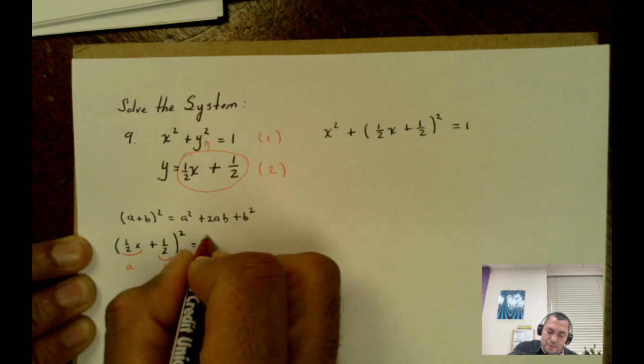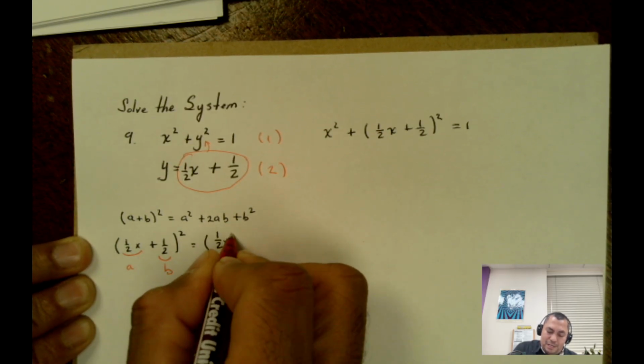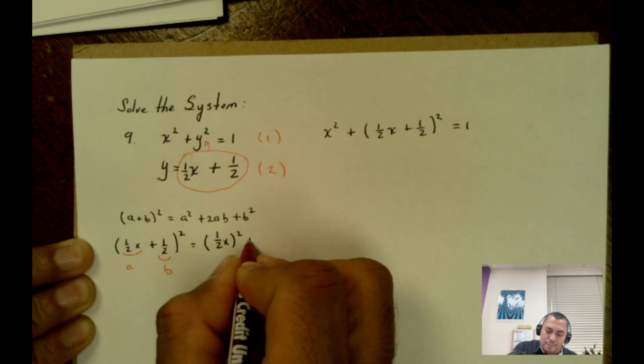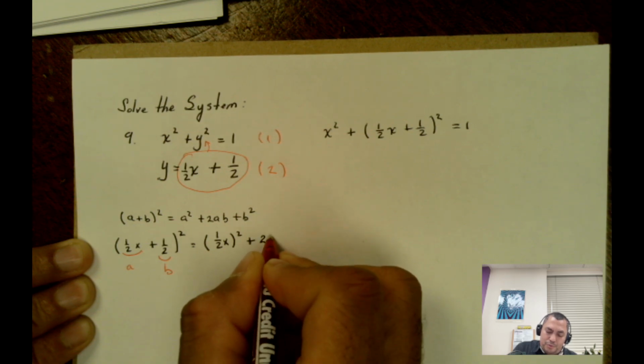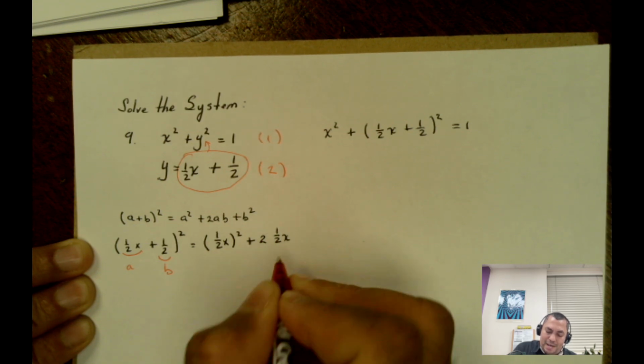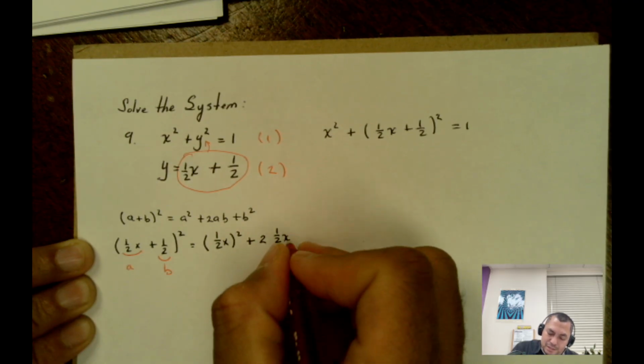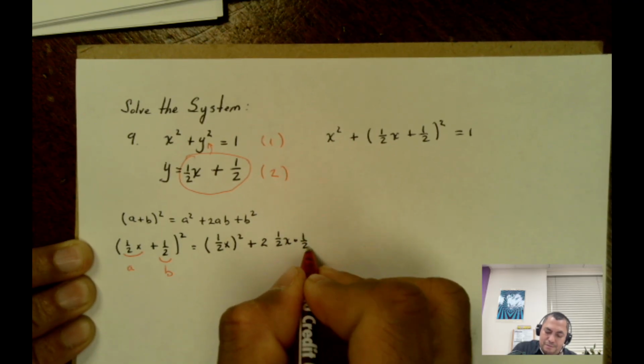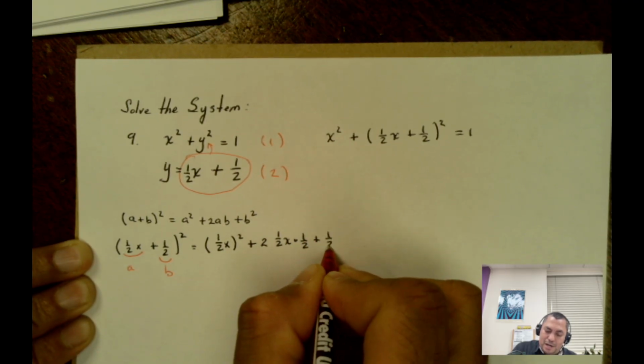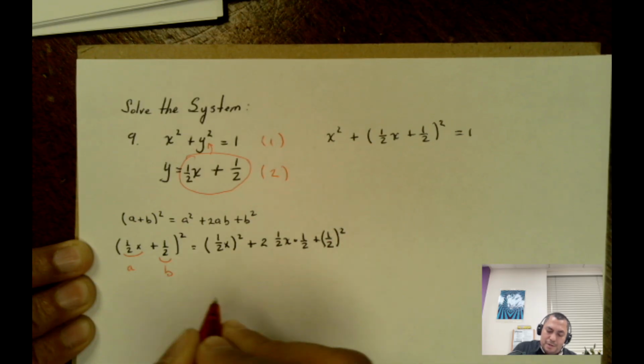This equals (1/2 x) to the second power plus 2 times 1/2 x, which is a, times 1/2, plus (1/2) to the second power.